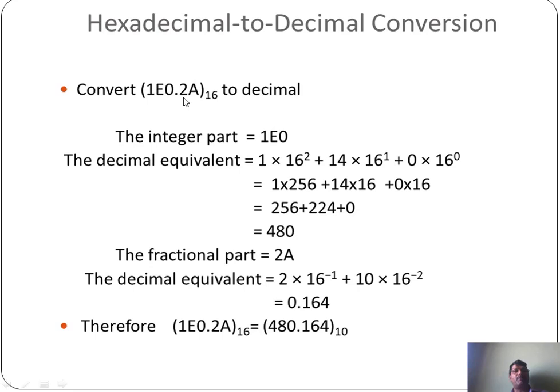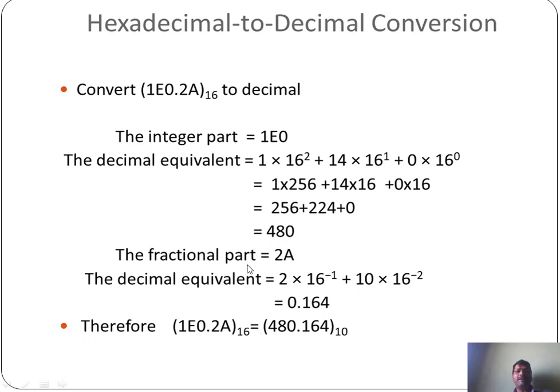For the fractional part, for 2 it is 16 raised to minus 1, and for A, 16 raised to minus 2. So multiply each digit with its corresponding place value. So 1 into 16 raised to 2 plus E, which means 14, 14 into 16 raised to 1 plus 0 into 16 raised to 0. If you simplify this, you will get 480.